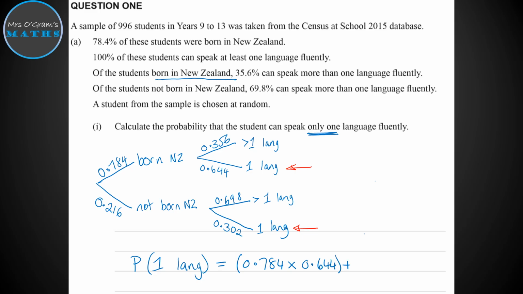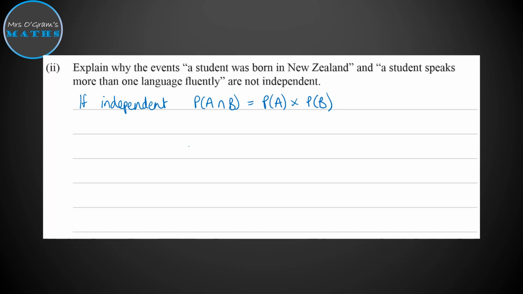And then we're going to add the second branch, which is 0.216 times 0.302. And that comes to 0.570 to 3 significant figures.